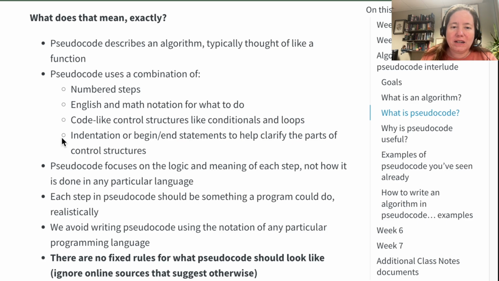So in fact, we try often to avoid using things that are very specific to certain programming languages. So for instance, if you know Java, or one of the other languages related to it, those languages have a particular form for adding one to a variable, which is that you're allowed to just say plus plus after the name of the variable or before it, and adding one to that variable happens.